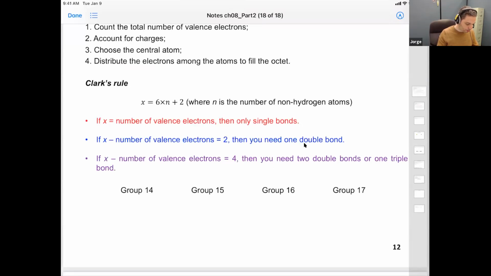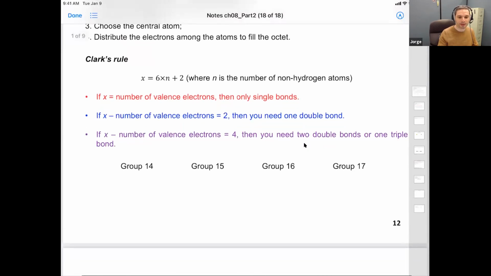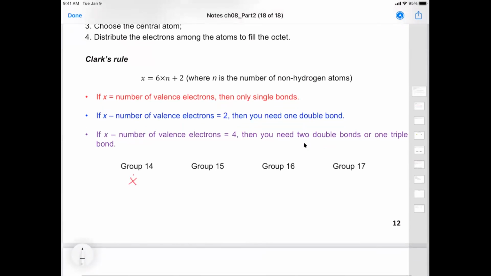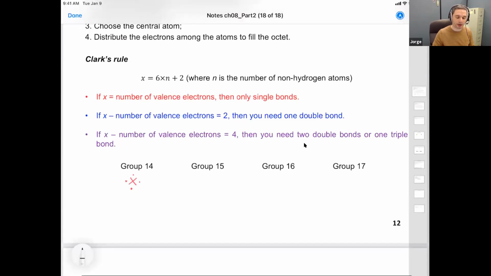Okay, so when we talk about elements from group 14, I'm going to represent them as an X, just a random symbol here. And if they belong to group 14, it means they have 4 valence electrons, and each electron is going to be represented by a dot. Therefore, they need 4 more electrons to fill out the octet. So what's the maximum number of bonds that an element from group 14 can make?